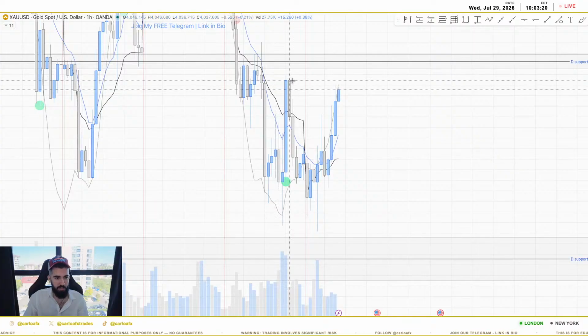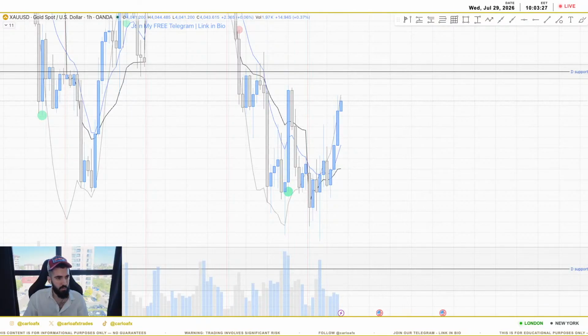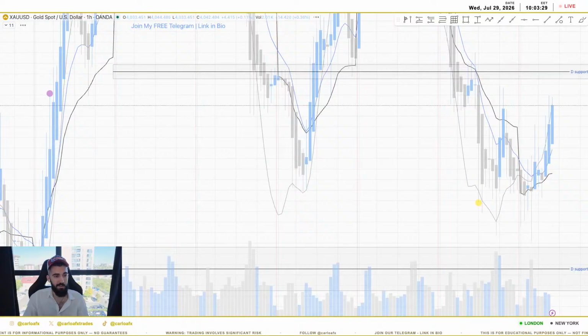On 1 hour, we can approach this resistance and then form a beautiful bearish candle.